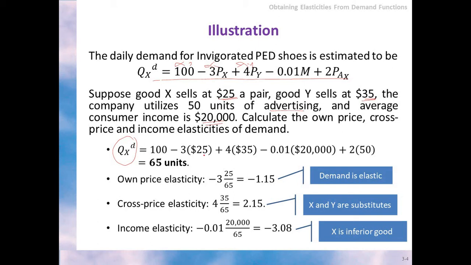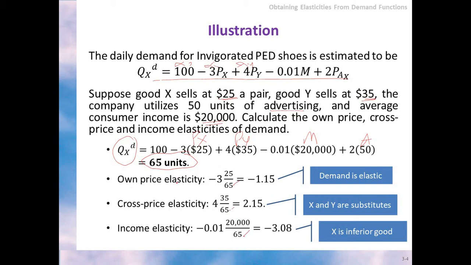What we need to do is just substitute the values given here: the value of Px, the value of Py, the value of m, and the value of advertising, the PA. We calculate and we get 65 units. So this is where we get the 65 units as the denominator.